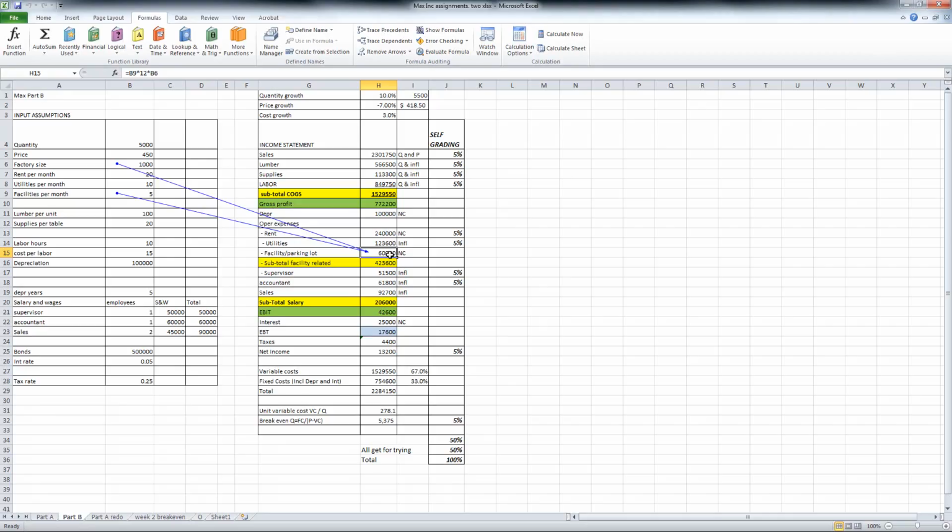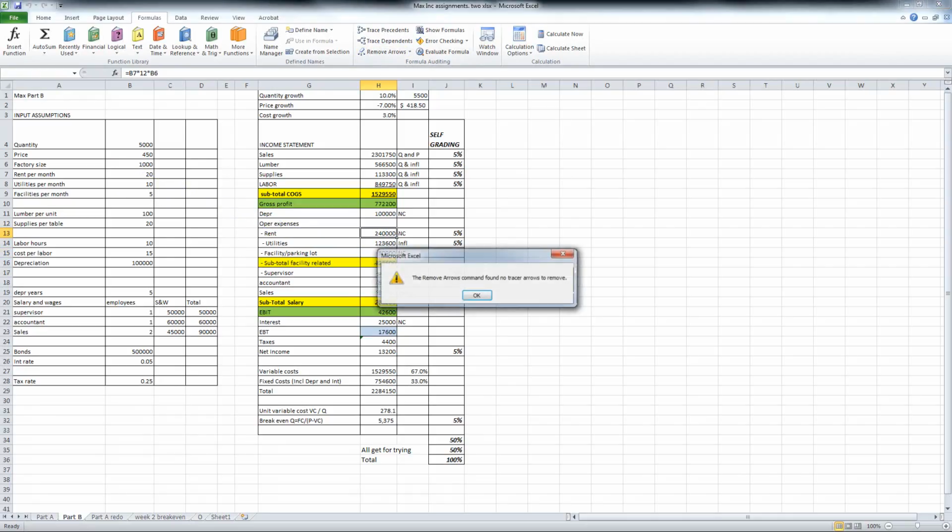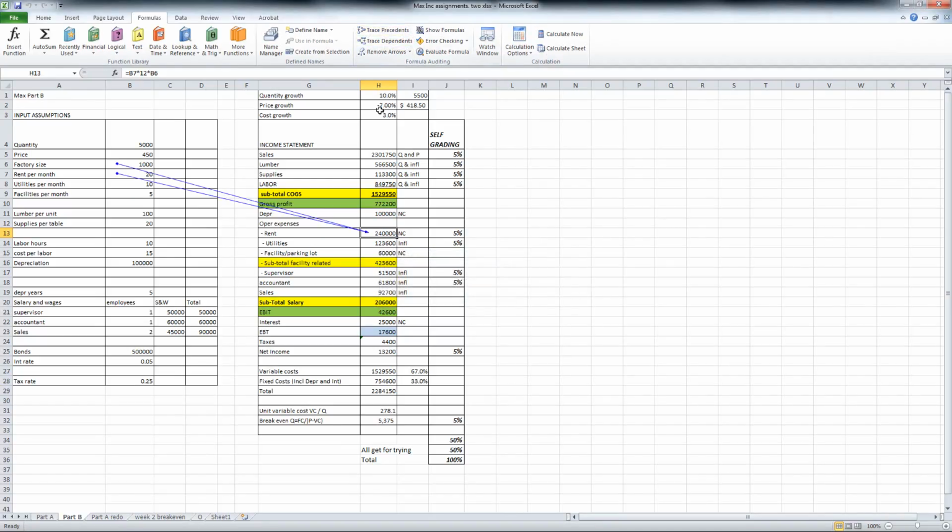We have fixed contracts. That's what this one is, based on the assumption, and this one over here, we are not accounting for inflation because the problem statement was that the rent and the facility parking will not go up with inflation. Then we add them up, just like the same thing with the supervisors. We got to account for the inflation.